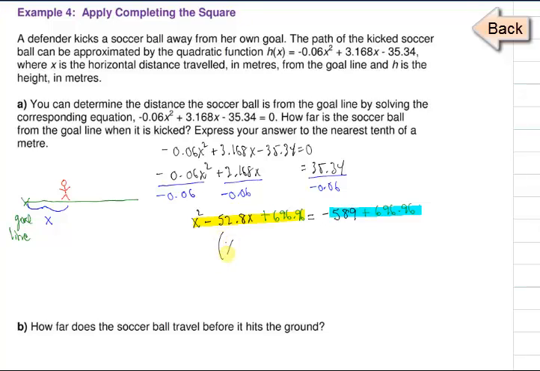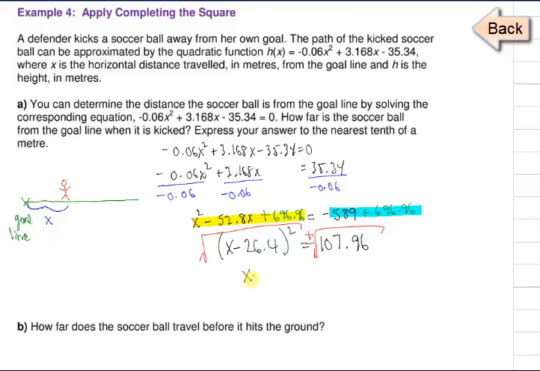When we factor this, we get x minus 26.4 squared, because the square root of 696.96 is 26.4. And that's equal to 107.96. So now we want to square root both sides, and don't forget to plus and minus what's on the right.